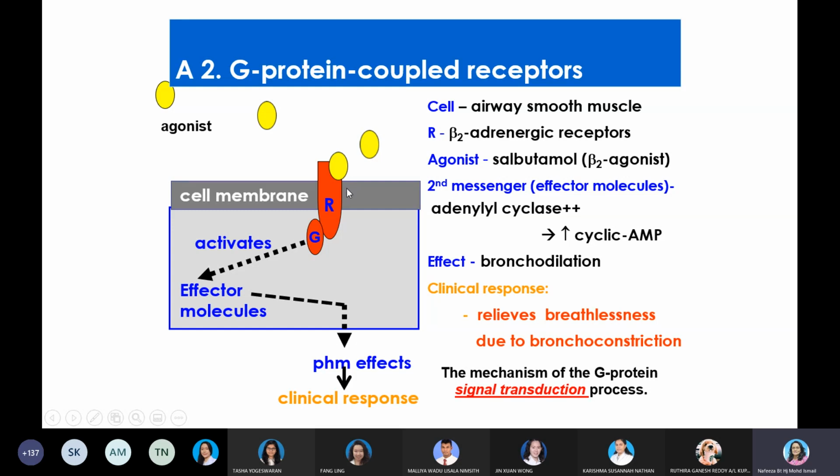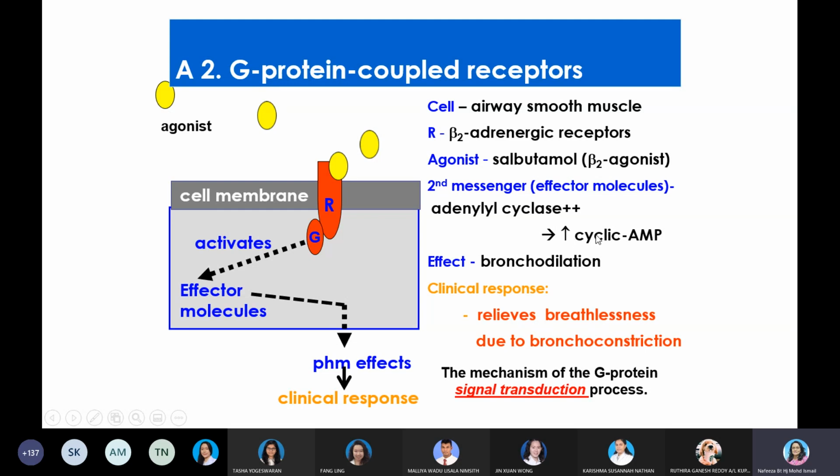Because it can activate beta-2 adrenergic receptors, it is called a beta-2 agonist. So it activates the beta-2 adrenergic receptors, which activates the G protein and activates the second messenger, which is adenylyl cyclase.